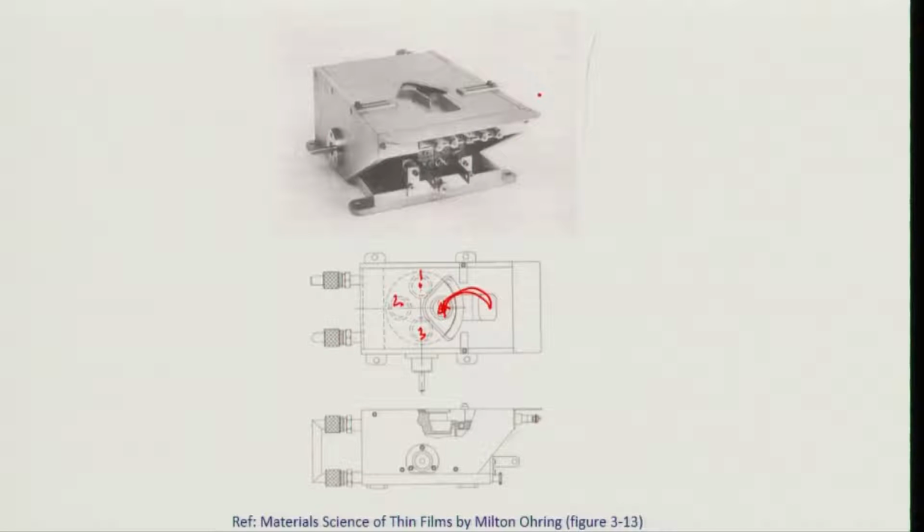This is just an actual picture with the ports for water cooling, and the electron beam just comes on top. So, everything else remains the same, it is just that the electron beam provides a way to locally heat the material.